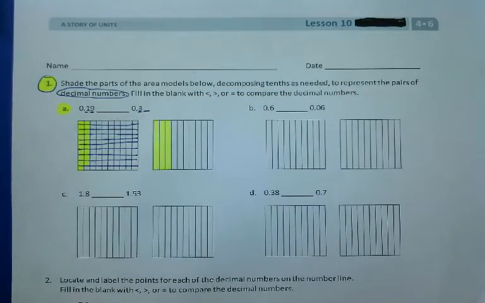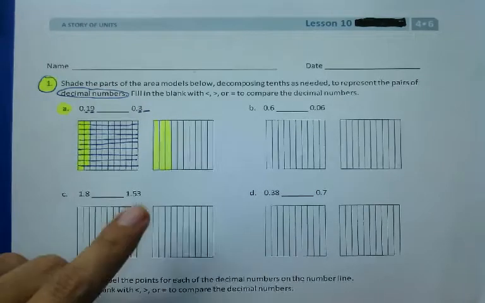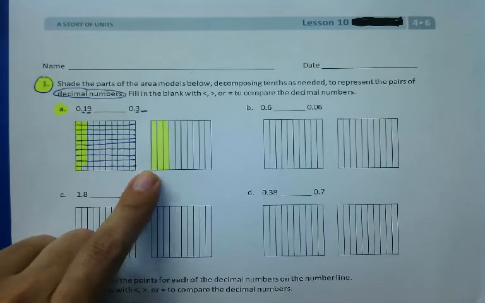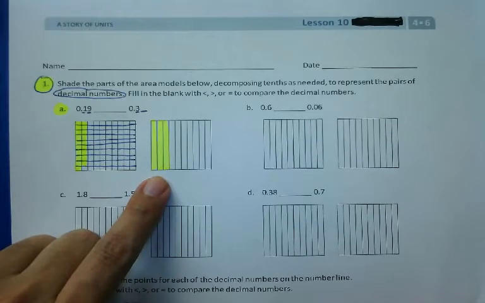So just by looking at the model, and this might work for some of you, or you can use the number line. But just by looking at this model, which one is greater? Which one has a greater part shaded?